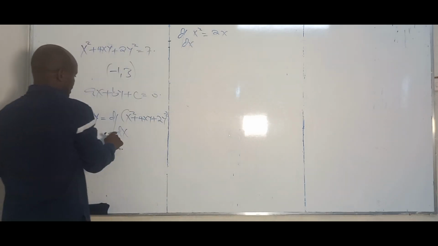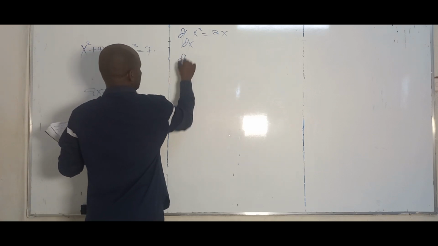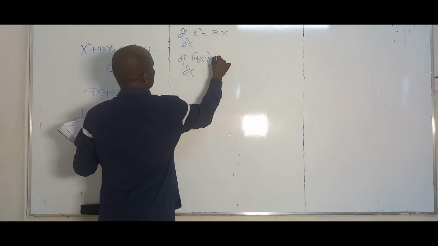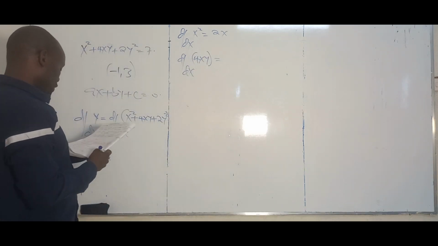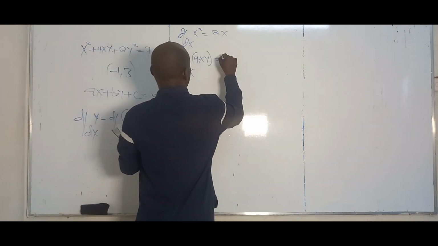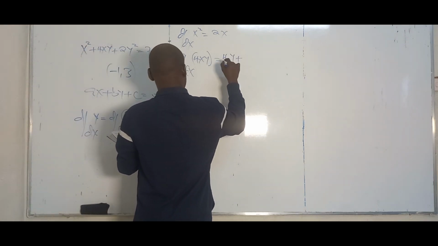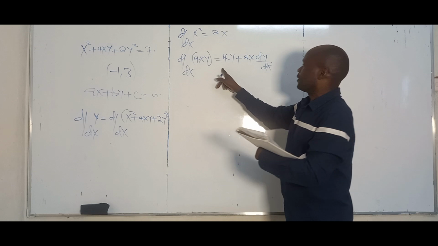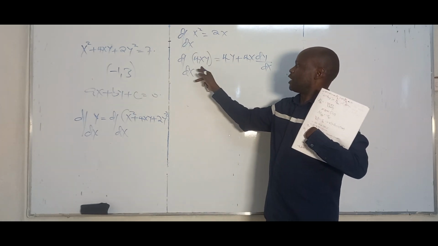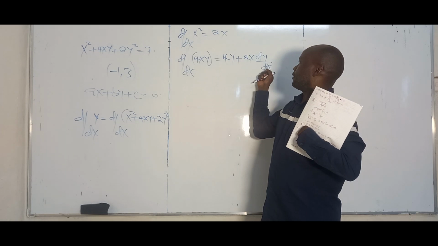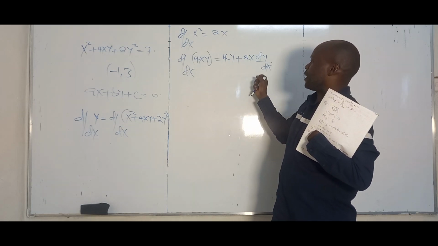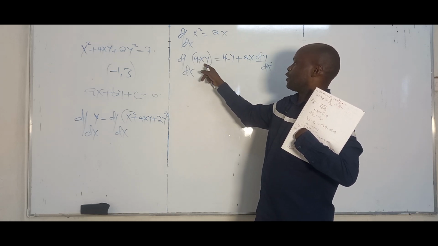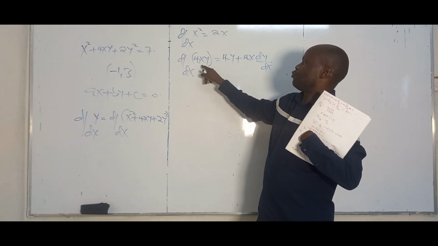And d/dx of 4xy, we get using the product rule, and we get 4y plus 4x dy/dx. Take your time to differentiate this function and arrive at this. If you're using the product rule, you let u be 4x and v be y.